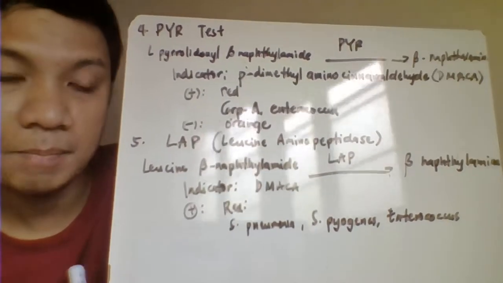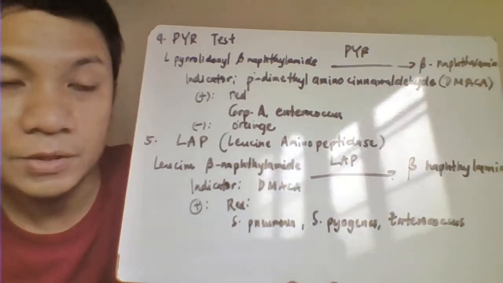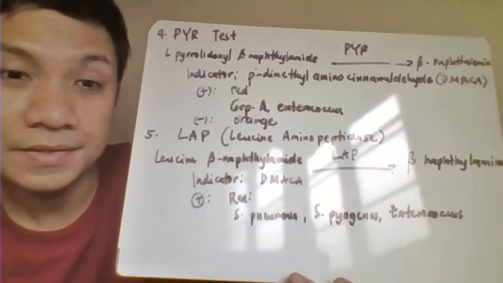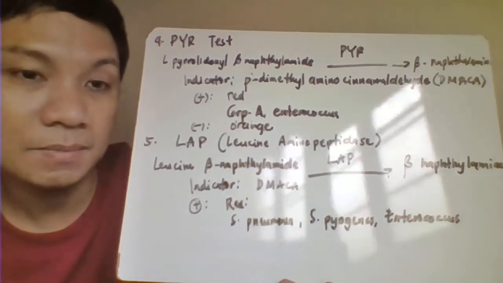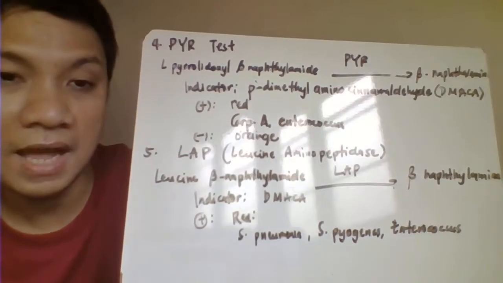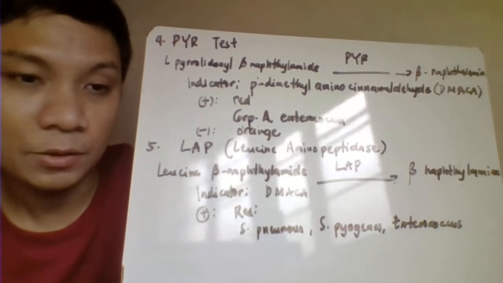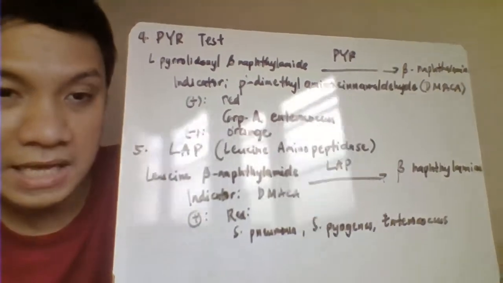Another test here, we have the PYR. This would identify the enzyme pyrrolidonyl aryl sulfatase, just like earlier with our staph. The substrate is pyrrolidonyl beta-naphthylamide, which will be converted to beta-naphthylamine plus pyrrolidone.